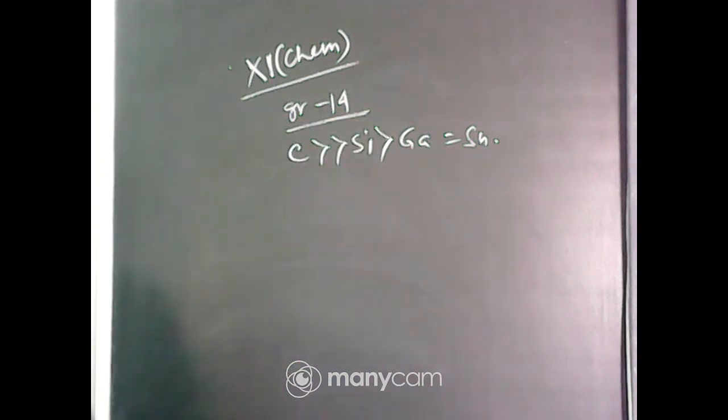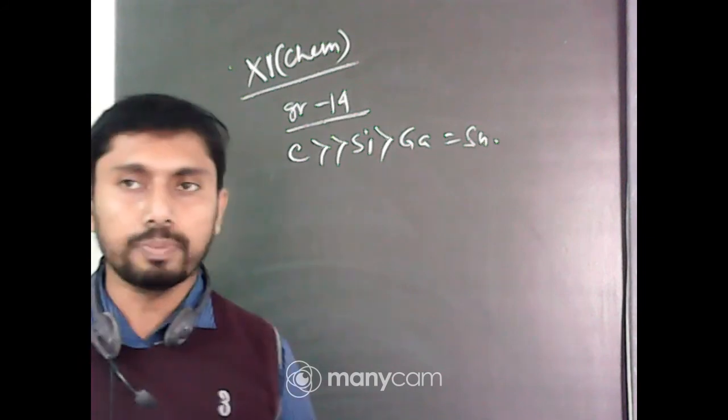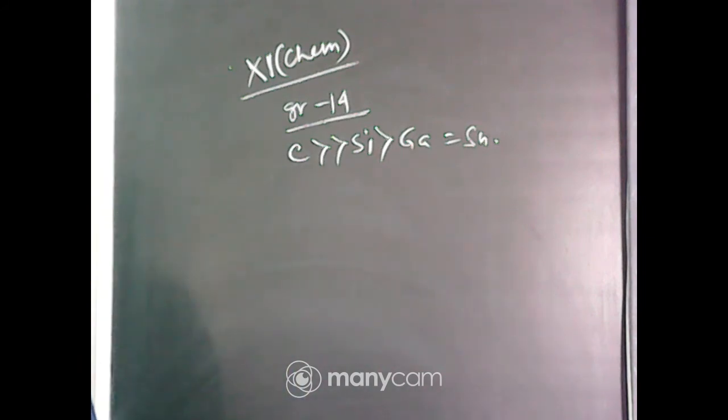Okay. Next one: ionization enthalpy of group 13 elements follows the order.